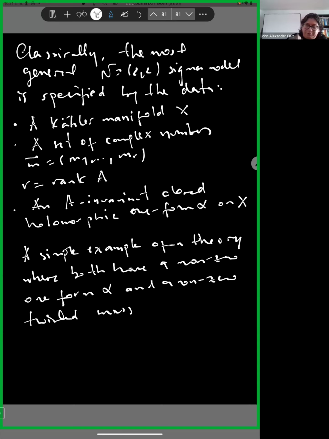This non-zero twisted mass is associated to some isometry.